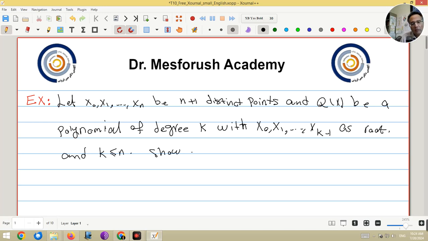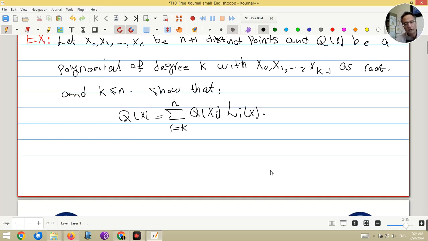Now, I want to show that q of x is equal to the sum from i equal to k to n of q of xi li of x. Okay, this is the problem. Now let me try to solve it.